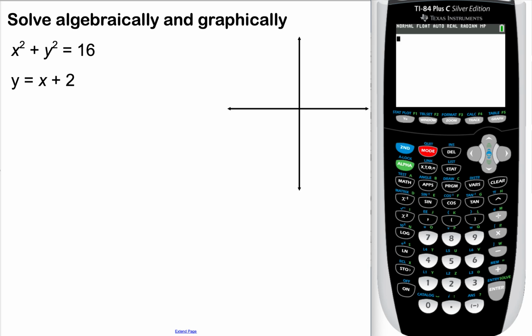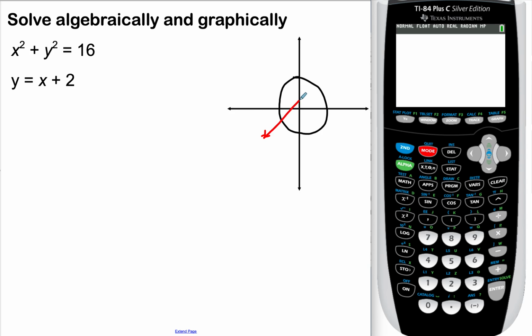So what we have here, I'm going to try to paint a picture. We have x squared plus y squared equals 16. At this point, we need to recognize, and I'm going to do my best to draw this, it's going to be a rough graph, and it's okay if it's not perfect, that we have a circle, and then we have a line.